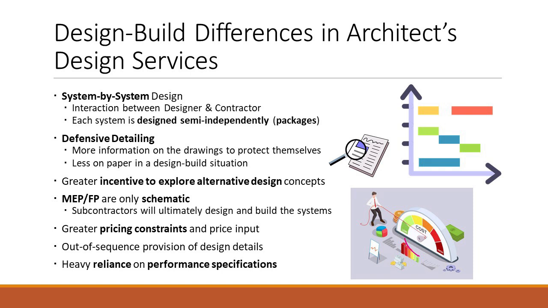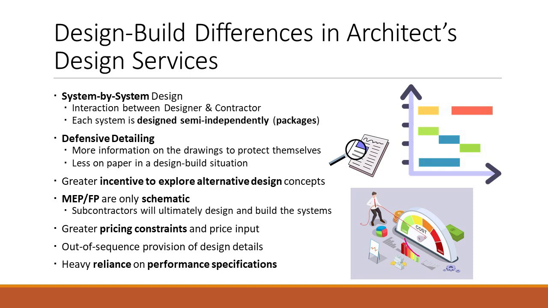Sometimes for this one, because in the traditional design, you're going to have things all at once, versus the design build, sequence or system by system. Maybe there's some issues there where the design builder, the contractor, needs to get a little bit more information.